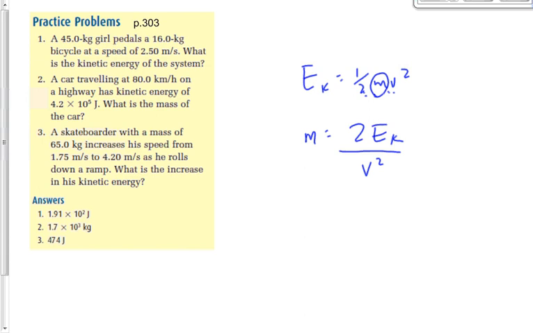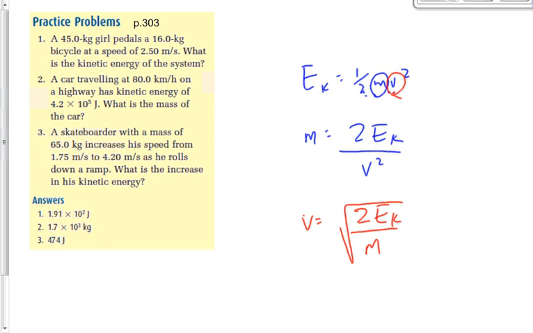Solving for v, we can take the half over by dividing or over by multiplying by 2. Let's say it's 2EK, take the m over by dividing, and then we're going to square root that. So m is 2EK over v squared. v is the square root of 2EK over m.